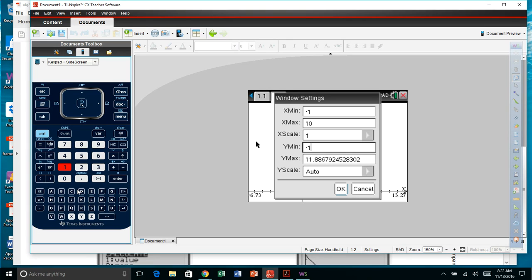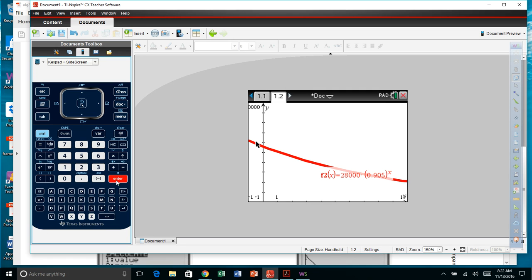It was 28, and this is 45,000. So we'll put 50,000, 50,123, and let's see here. We'll do it in 5,000 increments. Oh, there it is. Good.